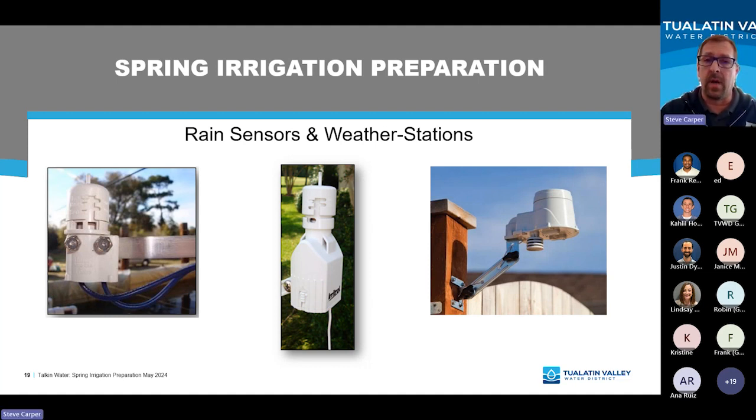Weather stations are a key component of what we call the weather-based irrigation controllers, and that's really the new state of the art. What that means is basically you either have an on-site weather station, or, in many cases, there are weather-based irrigation controllers that are now connected to a Wi-Fi signal that don't require an on-site weather station, and use real-time on-site or regional weather data to make daily schedule adjustments.